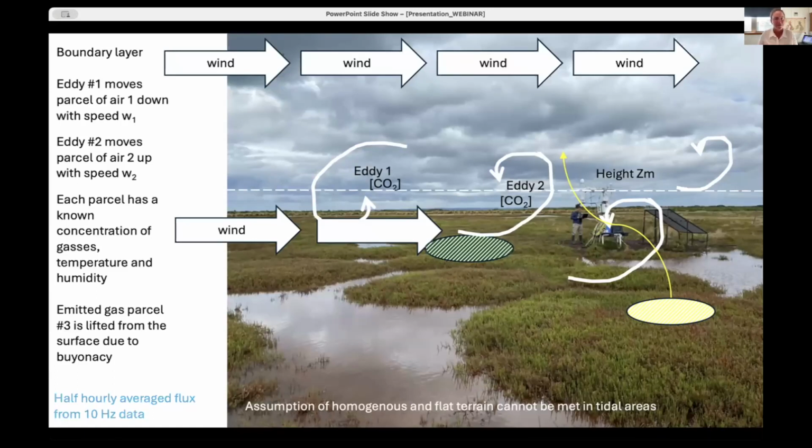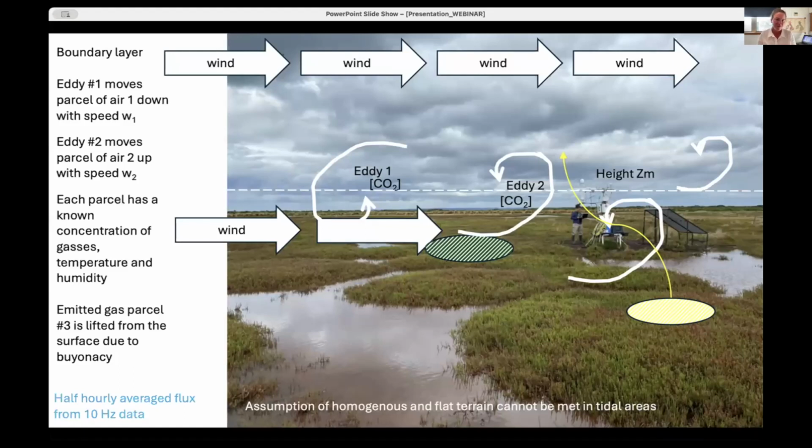flows that look like eddies, right? That create these eddies. And eddies can come up this way or that way. What's important in the eddy is that it has a vertical component of speed, right? So we have either speed going up or speed going down.